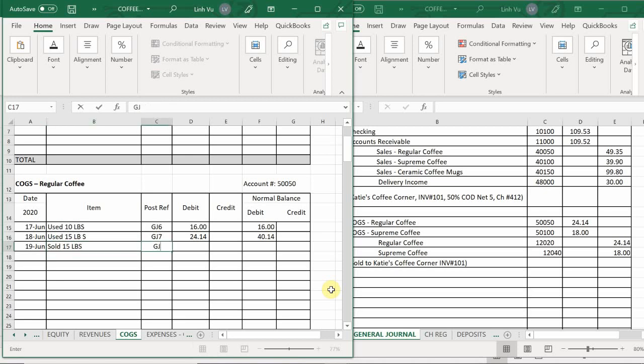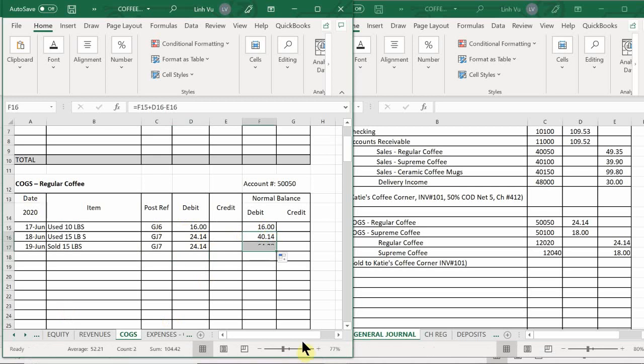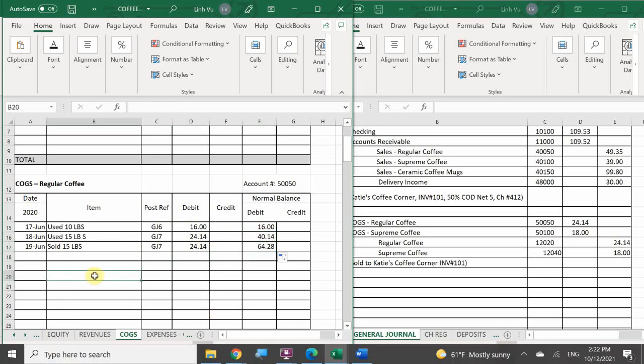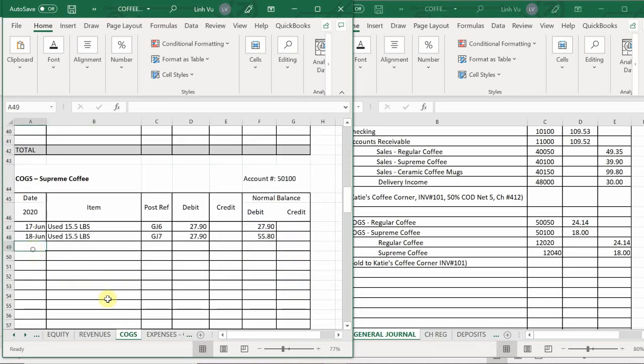I sold 15 pounds, General Journal 7, for 24.14. So in this, I have 64.28. Good.